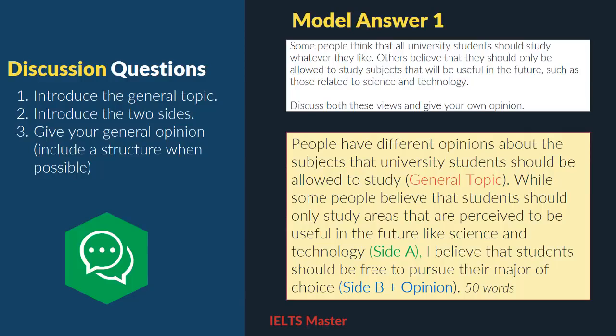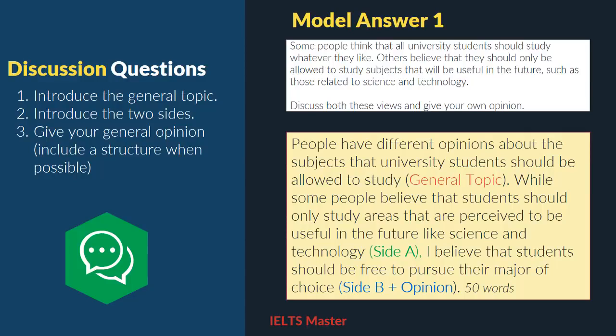Let's take a look at this model answer. People have different opinions about the subjects that university students should be allowed to study. That's the general topic. While some people believe that students should only study areas that are perceived to be useful in the future, like science and technology, that's side A, I believe that students should be free to pursue their major of choice.